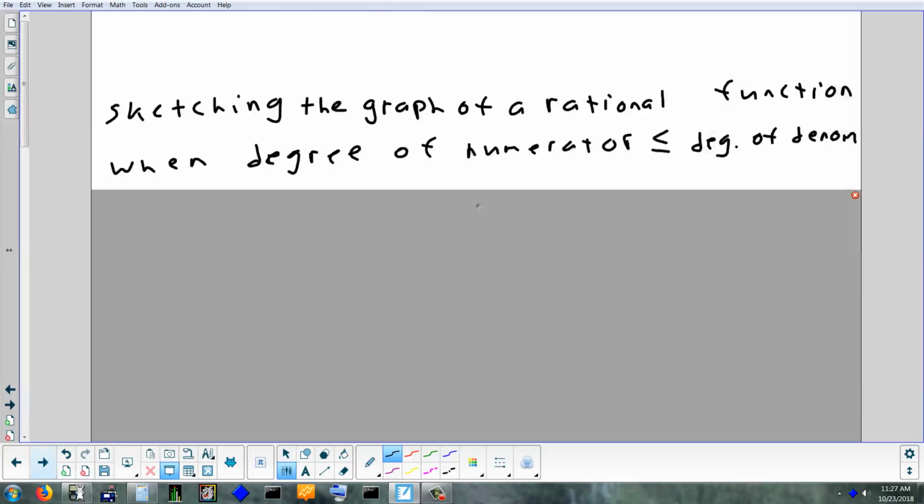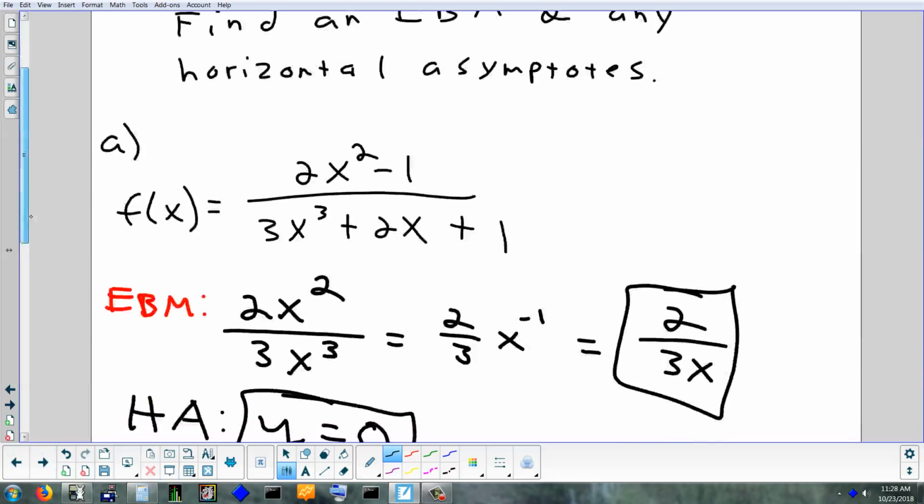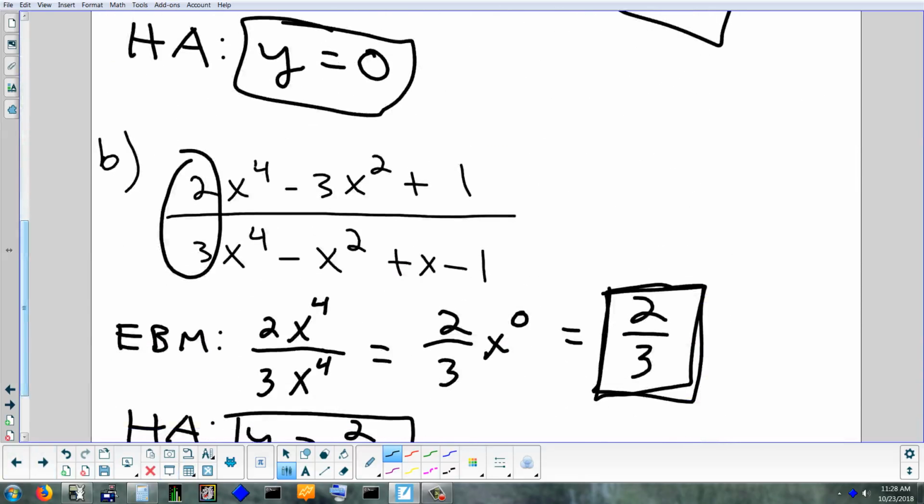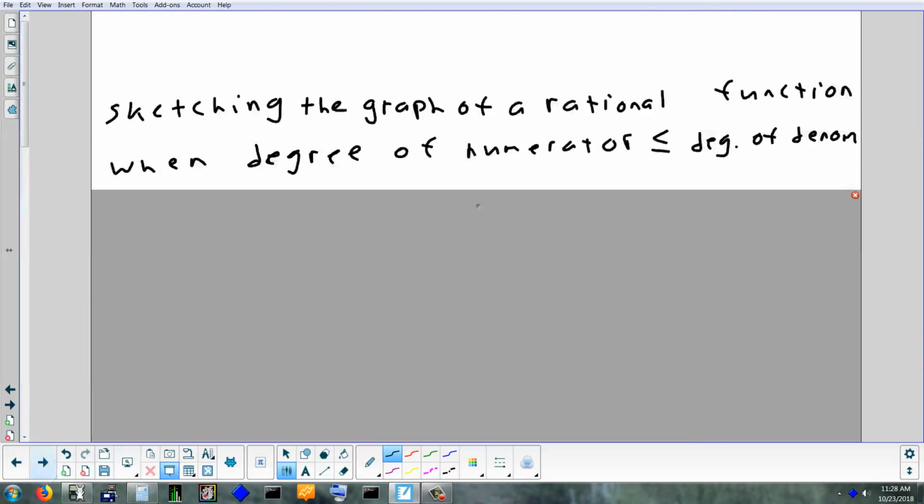All right. So what we're going to focus on for the rest of today is the kind of problems I just showed you. We're going to sketch graphs when the degree of the numerator is less than or equal to the denominator. When the degree of the numerator is less than, 2 is less than 3, or equal, 4 and 4 are equal.